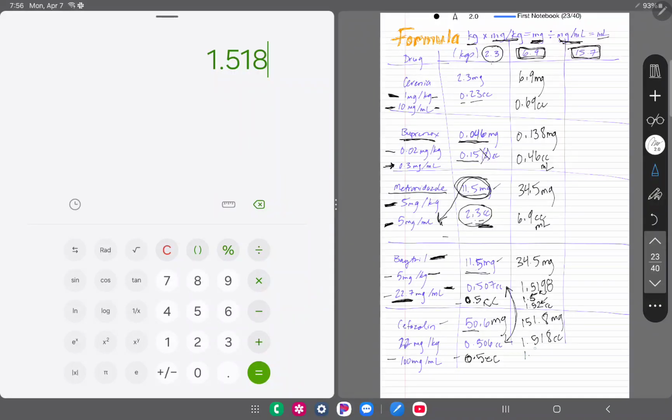Again, it's up to you. Am I rounding like this, or am I rounding like this? Go ahead and go ask your doctor, go ask your head technician what makes more sense, and that would be that.